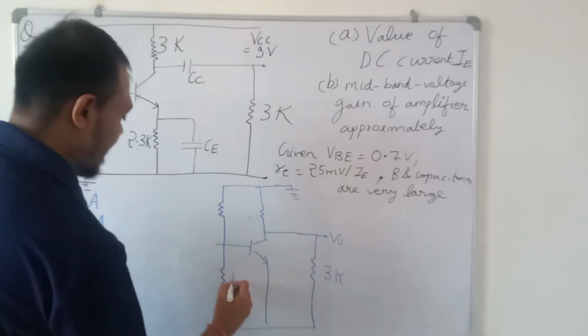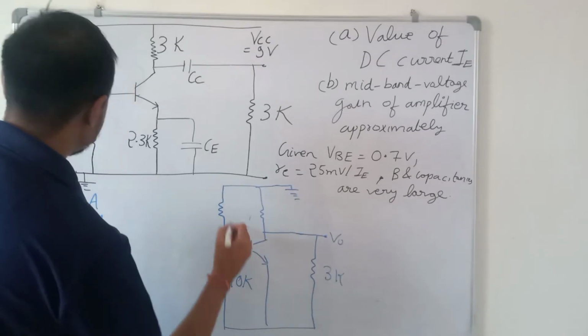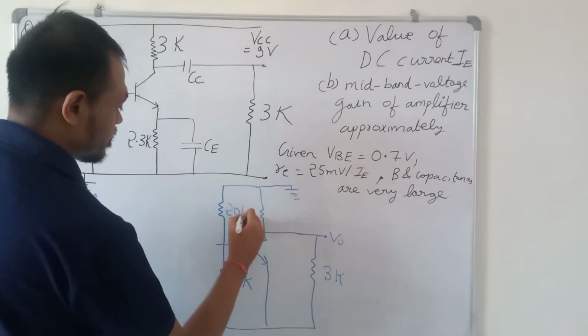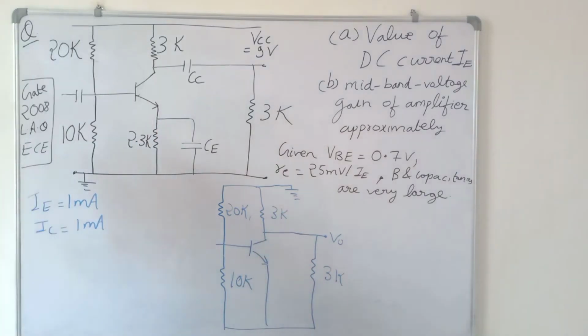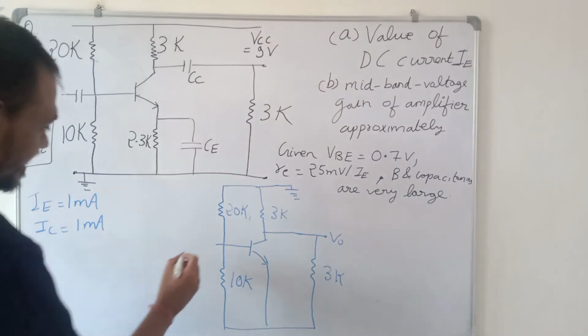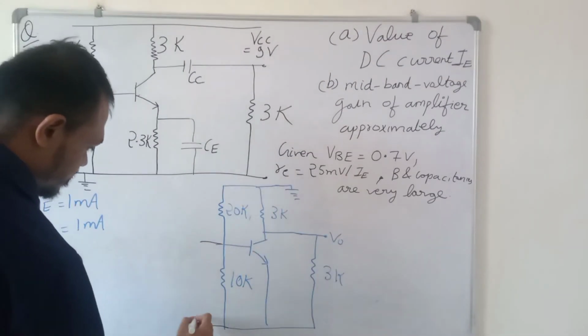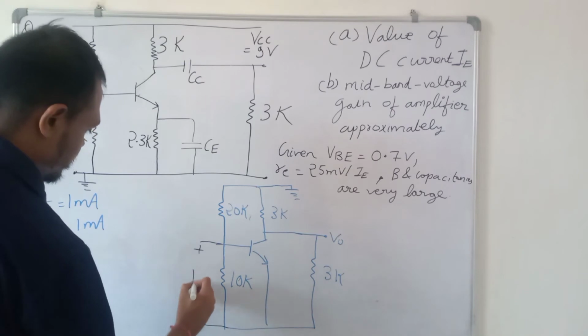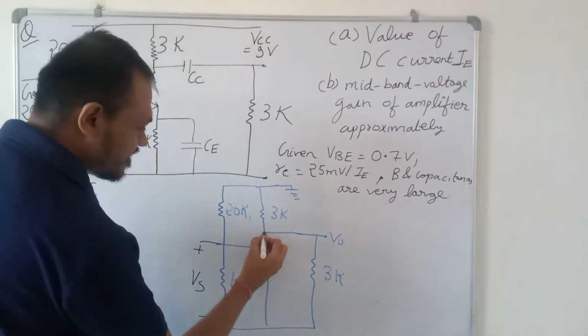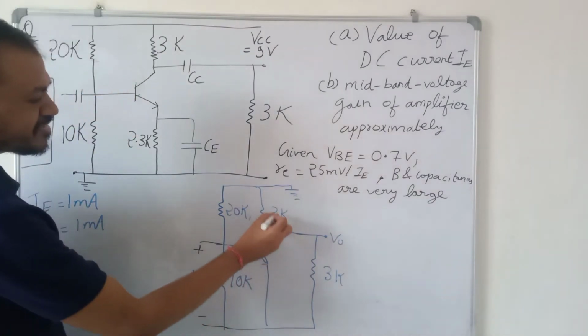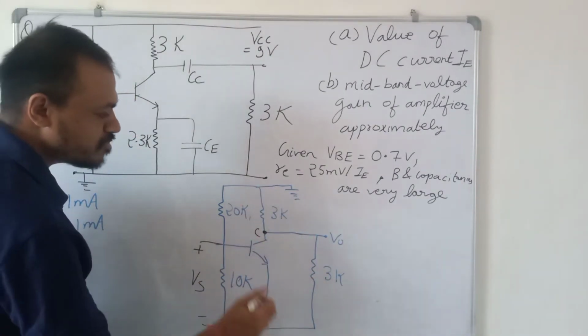So this is 10K, this is 20K, and this is 3K, and this is also 3K. And this is the supply Vs. Now this is the collector. So this 3K is between collector and ground, and this 3K is also between collector and ground.